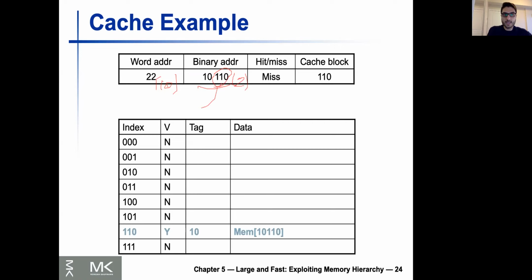So it shows that I need to look into this block and see if I can find the tag 10 there. As you know, it was the initial state, nothing was there already, and the valid bit was none. So of course we're gonna have a miss. That's why you see a miss here. Hit or miss, we missed it. We were looking for a tag of 10 based on the reference.